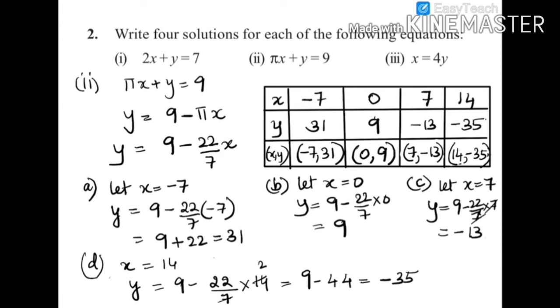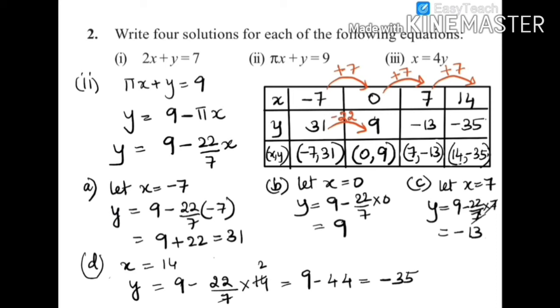Now let's understand the relationship between the variables x and y. We have chosen values of x that are increasing by 7. Now notice that corresponding values of y are decreasing. By how much? To find that, subtract 9 from 31. You will get 22.